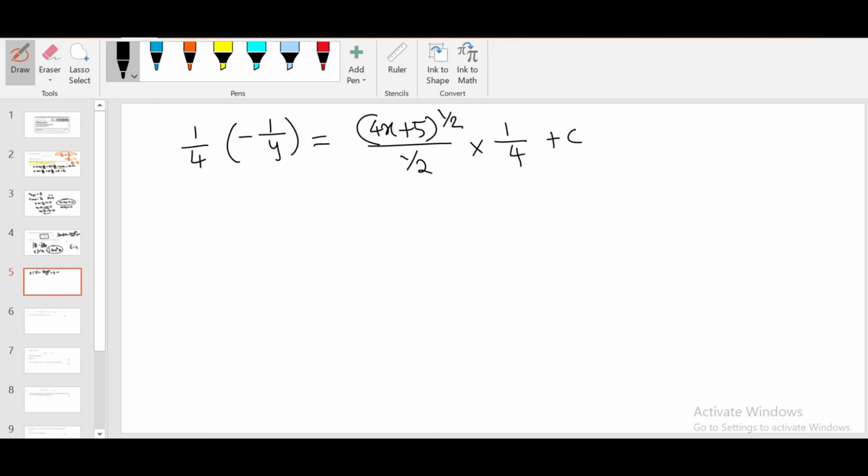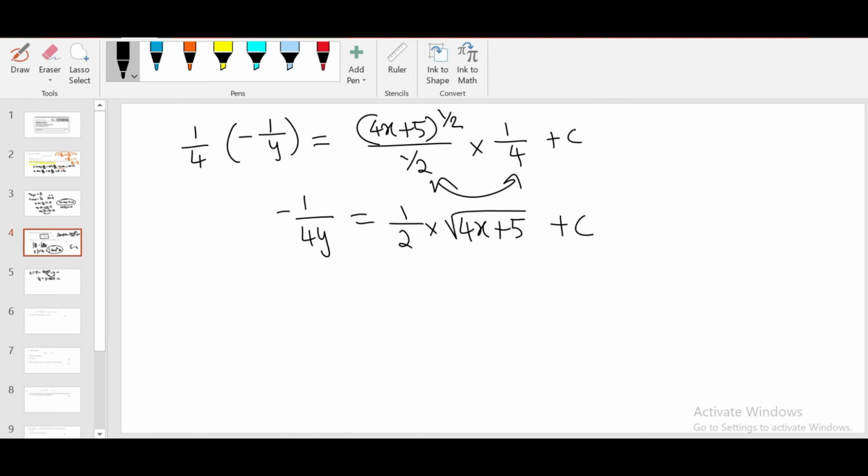So let's tidy this up a little bit. Minus 1 over 4y is equal to, this 4 times half becomes 2 actually. So you will have 1 over 2 times square root of 4x plus 5 plus c.